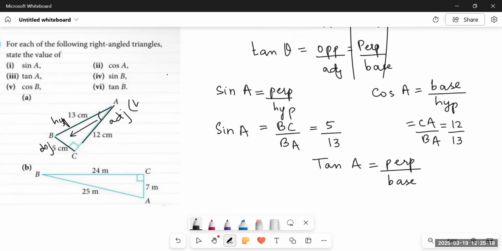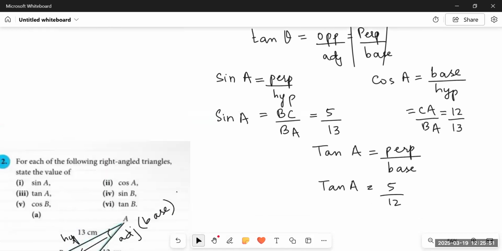Adjacent side is the base and opposite side is the perpendicular line, right? So perpendicular would be 5, and 5 upon 12 would be tan A. If you want to simplify these formulas, you can. Otherwise, it's not needed.